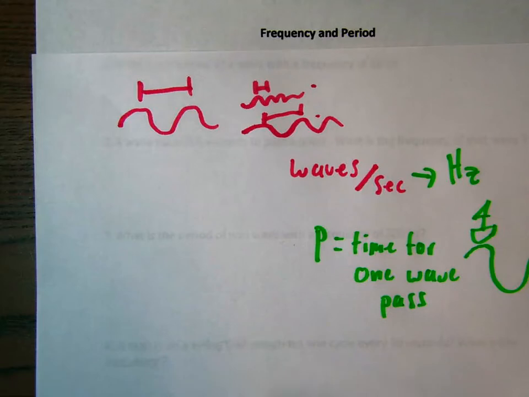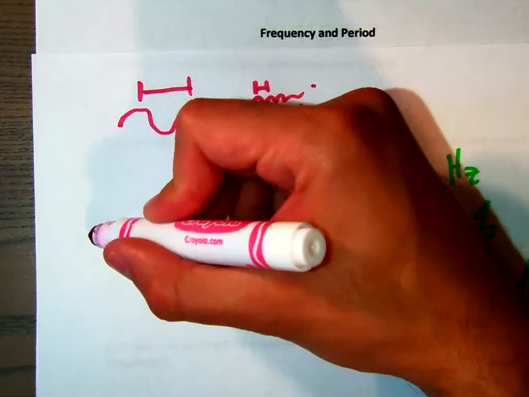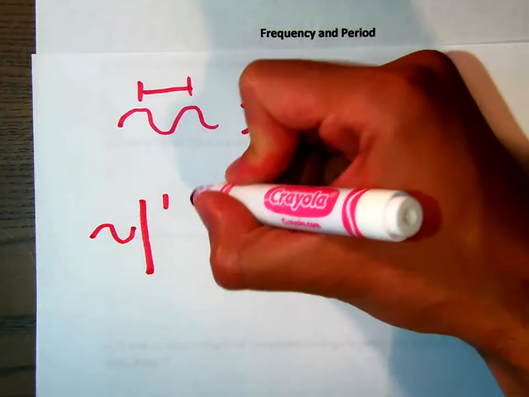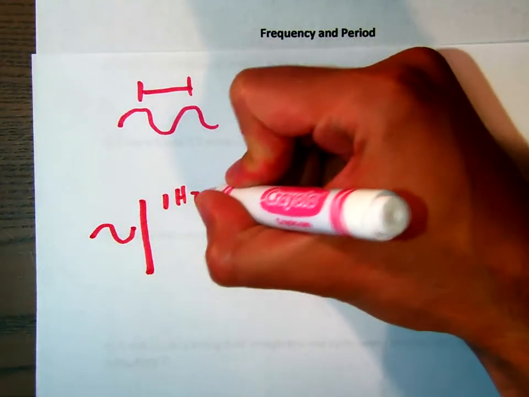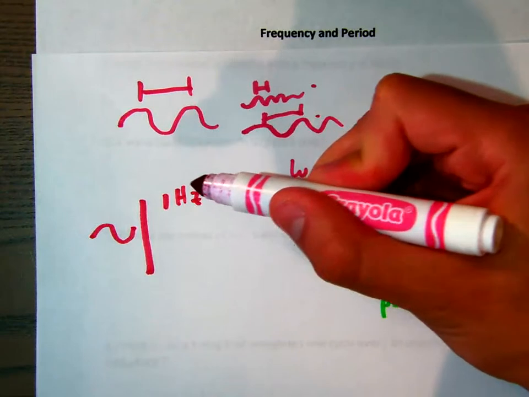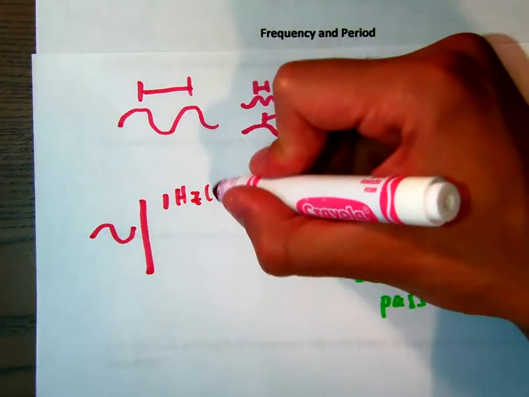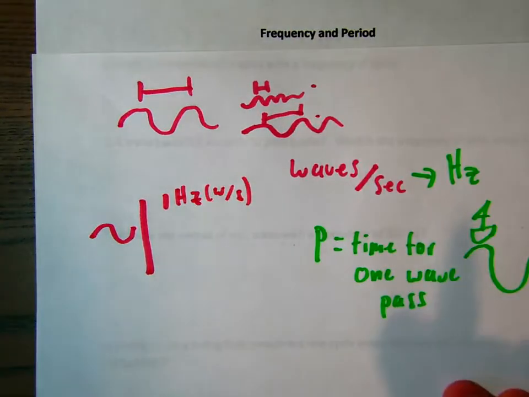So let's say we have a wave that has a frequency of 1, a wave like this, passing a certain point. The frequency is 1 hertz. In other words, I get 1 wave per second, because this is waves per second.